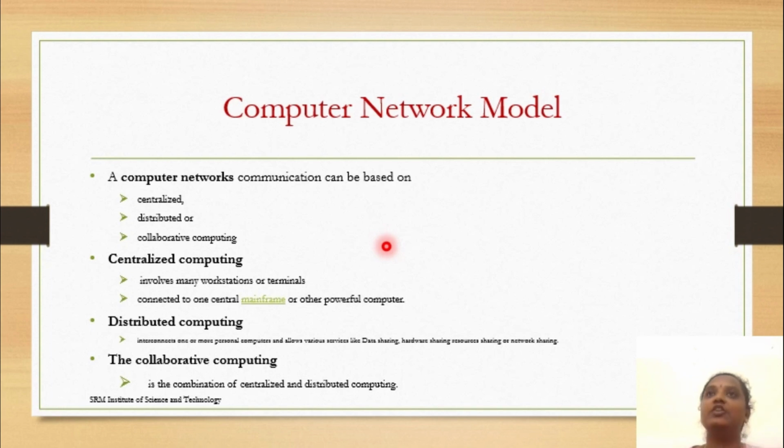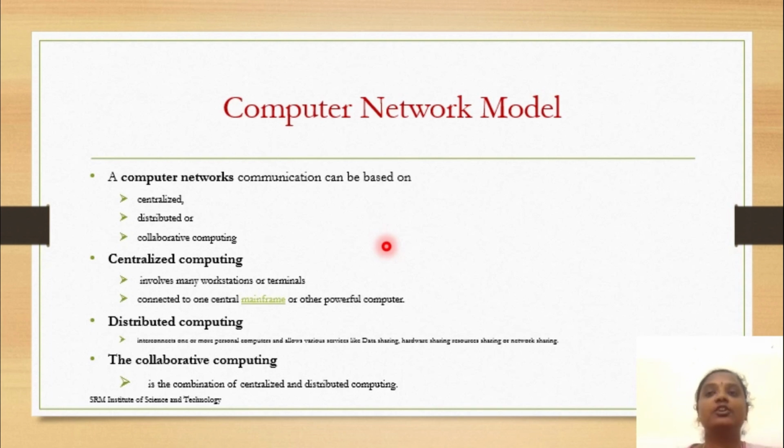Collaborative is nothing but the combination of centralized and distributed. For example, in your organization, if you are in some laboratory or office room, the computers are connected using the distributed networking model. At the same time, it will be connected to the centralized one.